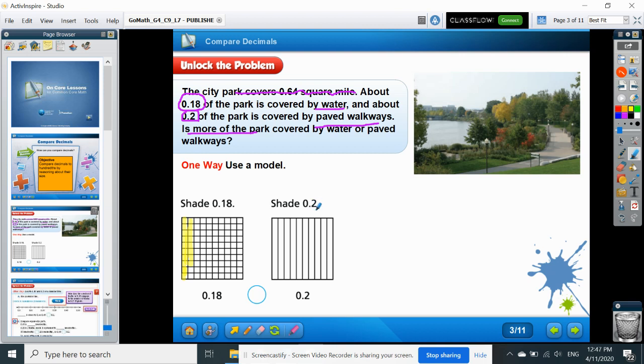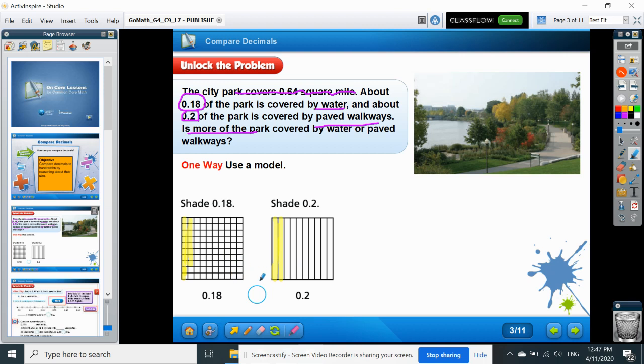How many columns are 2/10? Remember? Yeah, 2 columns. Each column is 1/10. So 1/10, 2/10, right?